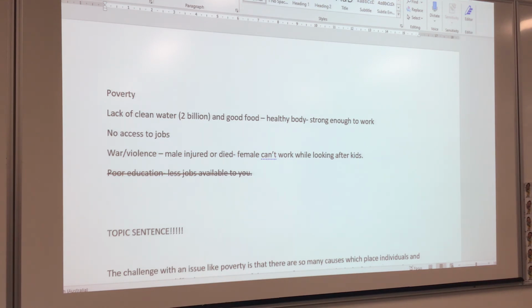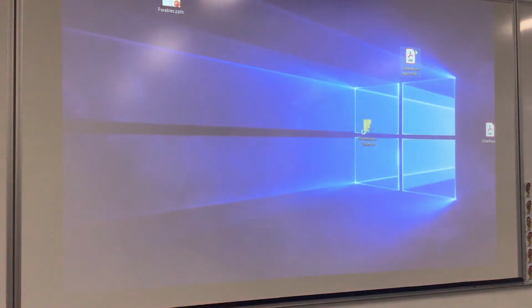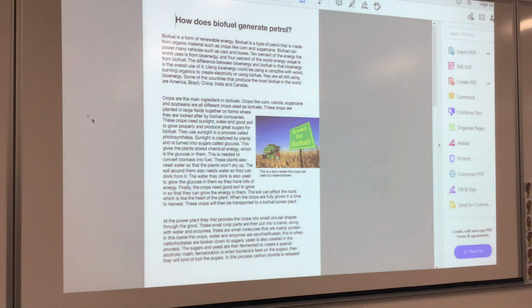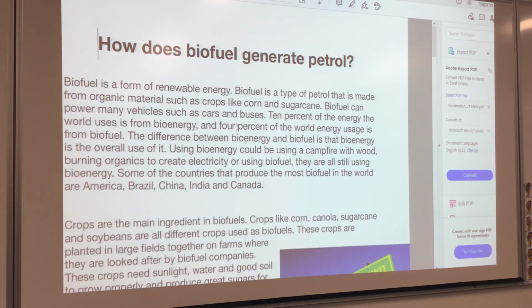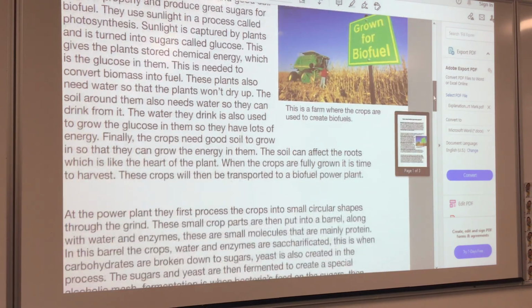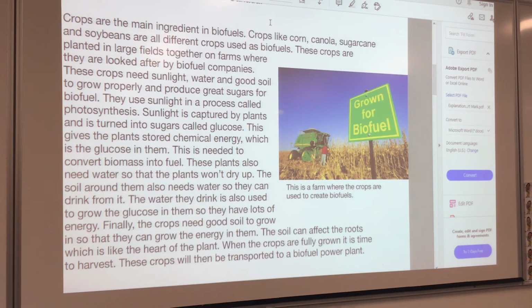I'll give you an example of a piece of writing. This is a student from last year. Theirs is a little bit different, obviously, they didn't have the same headings as you. He was looking at the main ingredients of biofuels.